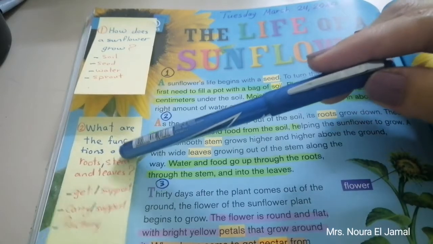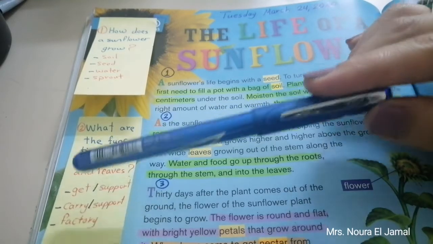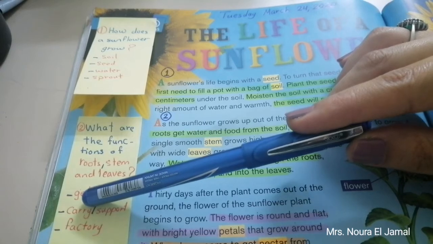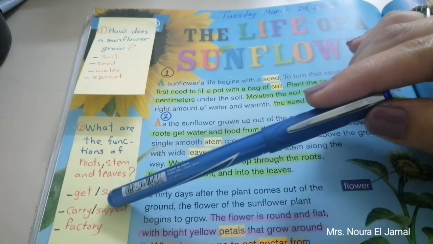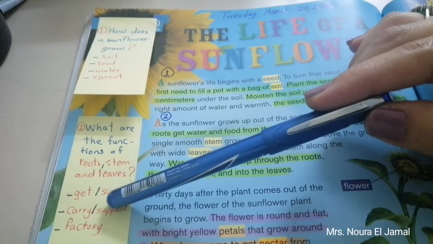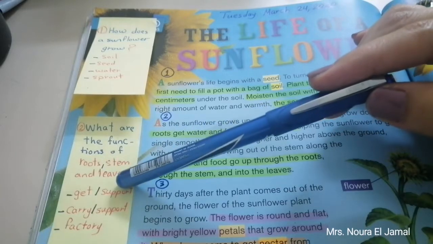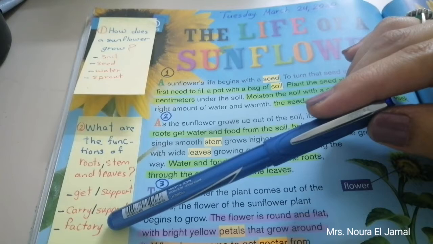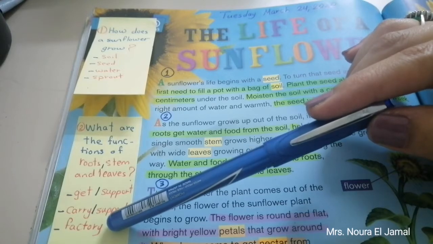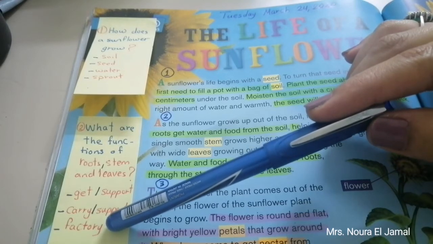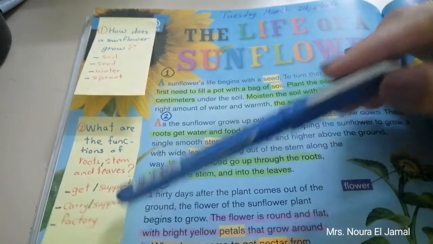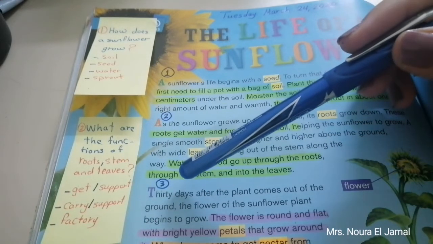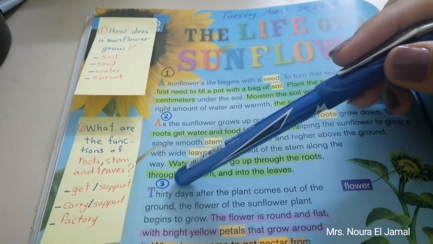What's the function of the second one, stem? Carry food and water and support the plant and the leaves also. What's the function of leaves? The factory. It means that it makes food for the plant. Okay? Then the third paragraph.